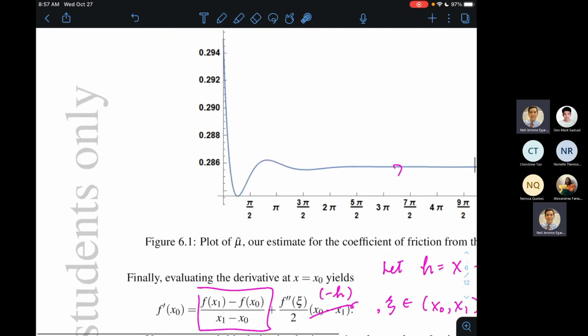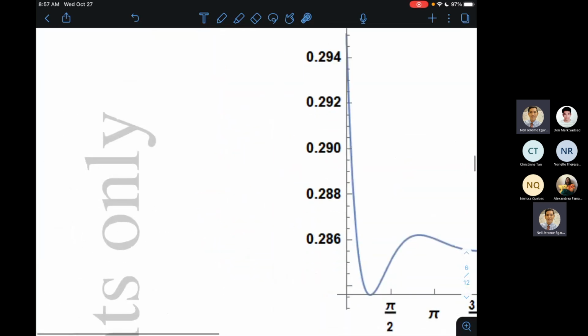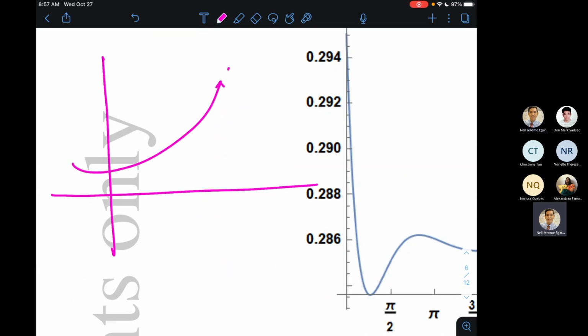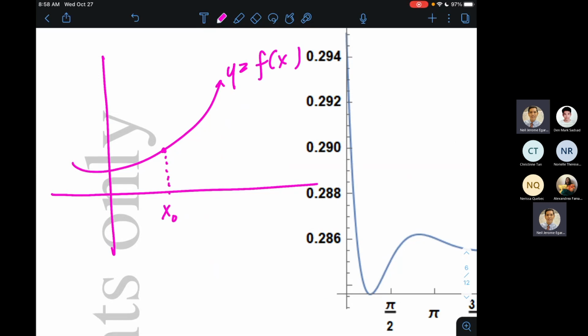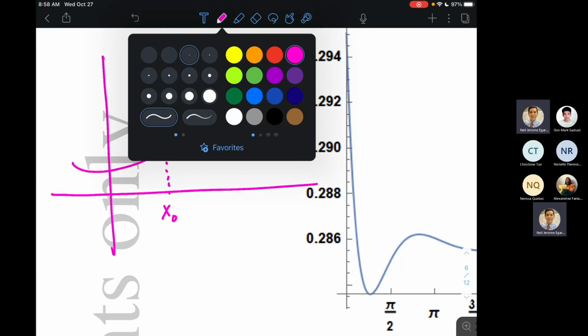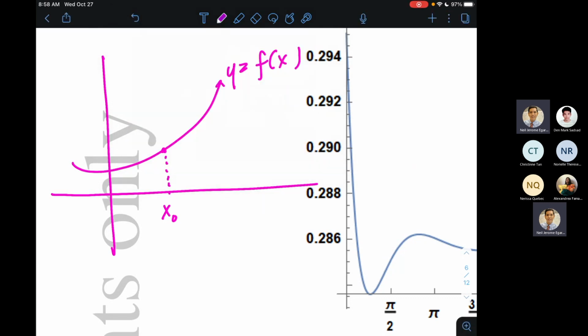And graphically, it makes sense kasi remember, kung ito yung function f ko, okay, ang derivative kay x sub 0 ay yung slope ng tangent line at this particular point. So, halimbawa, kukunin ko yung slope nitong tangent line and the tangent line looks like this.